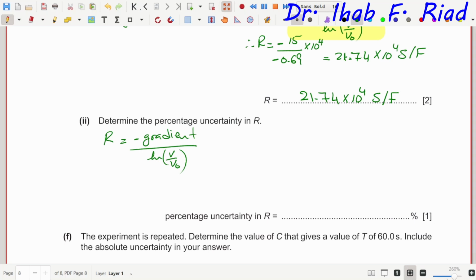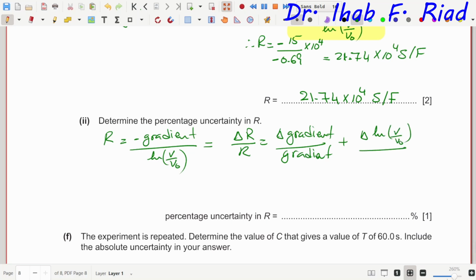This is what we have discussed before. So it is going to be delta R divided by R is equal to delta gradient divided by gradient plus delta of ln V over V naught, over ln V over V naught. We know the delta gradient, we have calculated before. The delta gradient was 1.